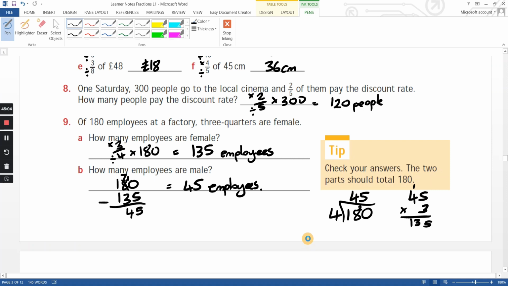You could have worked out 1/4 of 180 and you would have got the same answer, which in fact is this bit here, isn't it? Yes, that's working out 1/4 of 180. So as you can see, 1/4 of 180 is 45.